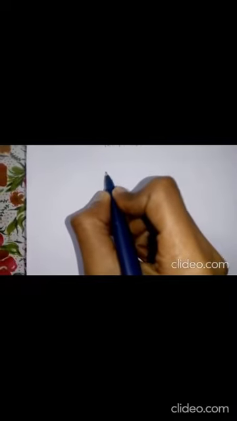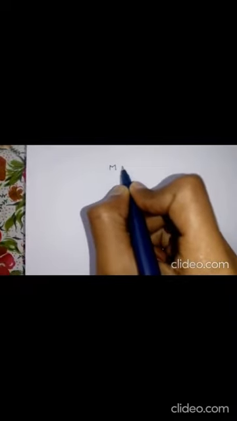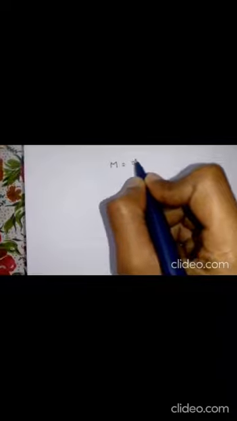From the flexure formula, we can see that the moment of resistance is equal to sigma into I upon Y, where I upon Y is the section modulus, which is denoted as Z.